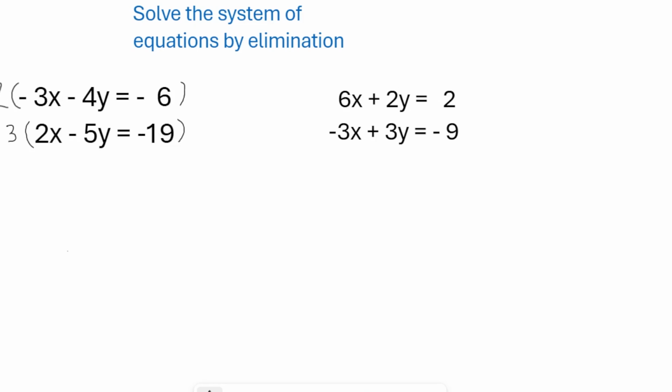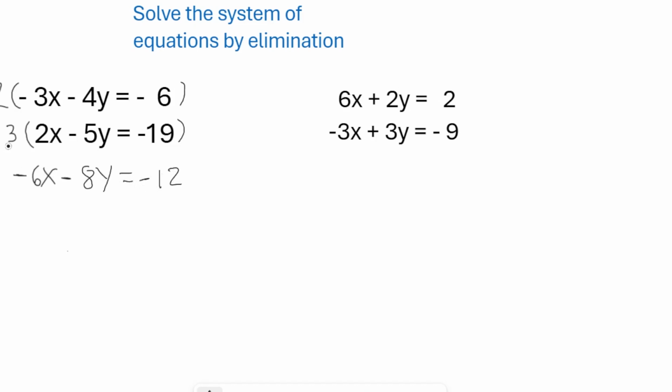Okay, so 2 times negative 3, you're going to get negative 6x. 2 times negative 4, you're going to get negative 8y. And then 2 times negative 6, you're going to get negative 12.